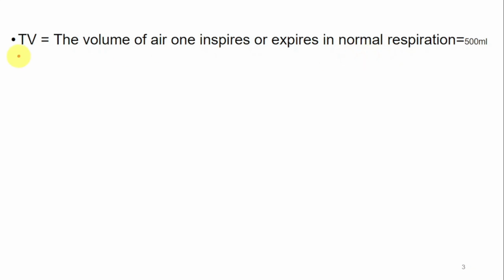TV includes both the volume inspired and expired in normal respiration. This is what you do when you're reading, when you're watching a movie, when you're eating: the volume of air, effortless breathing, that volume is TV, tidal volume.